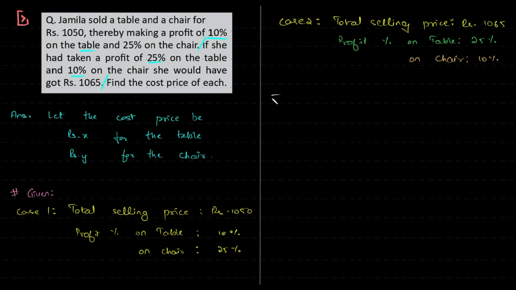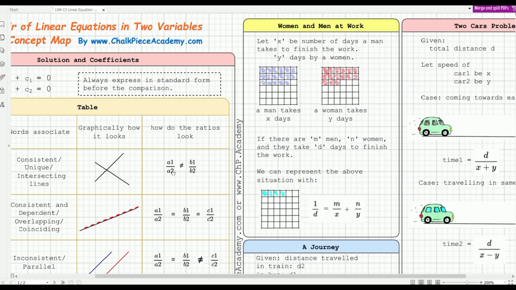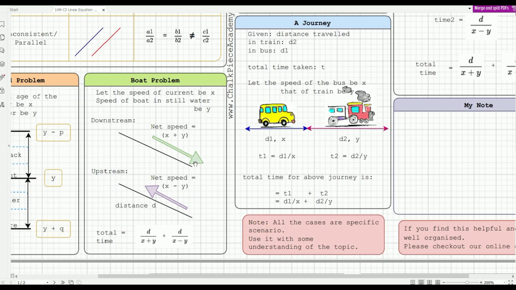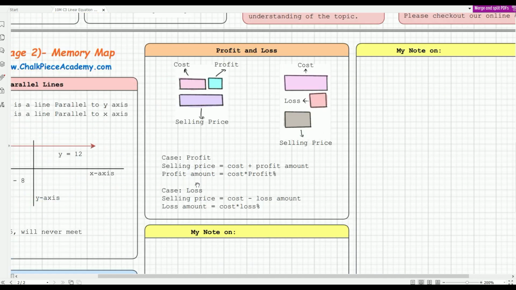How will we do this? How is the working? Since we are talking about profit and loss, selling price is cost price plus the profit.